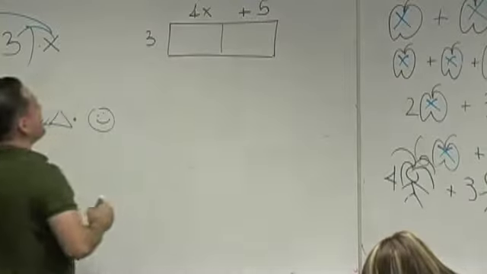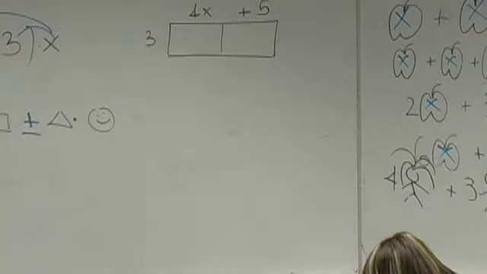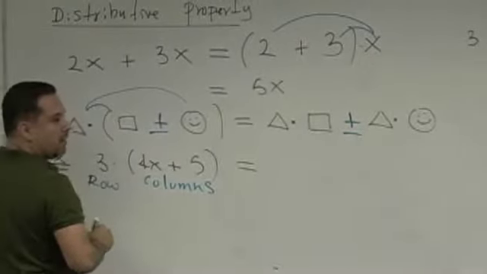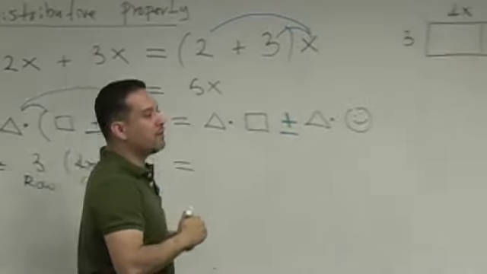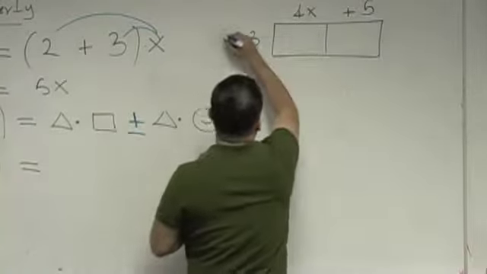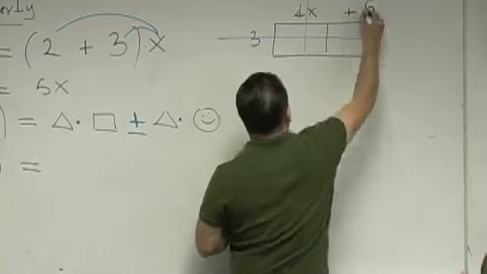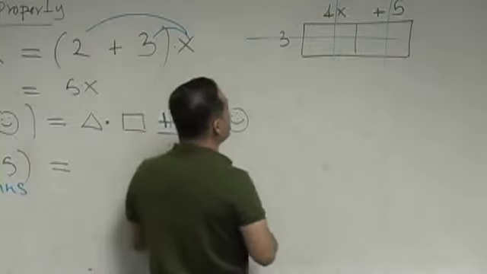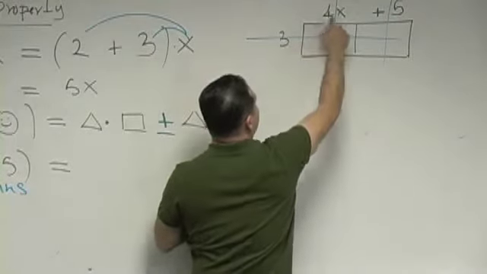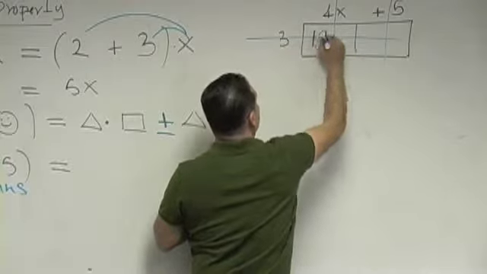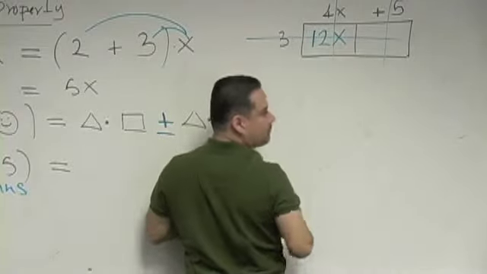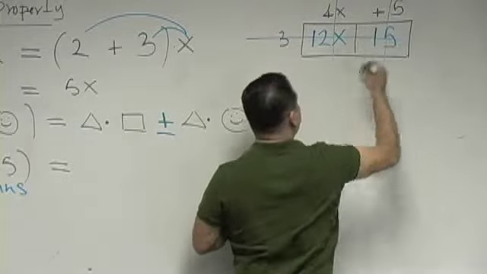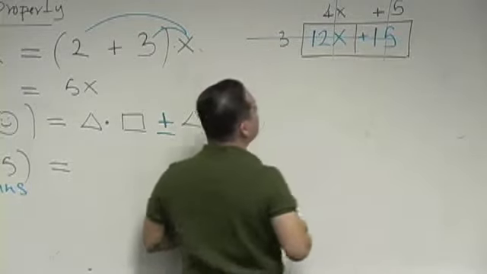You guys okay with this? So this is my 1 row and my 2 columns here. Now what you do with the distributive property is you take the row and multiply it with all of your columns. So that 3 times 4x is what? Isn't that 12x? And then 3 times 5, what's that? Isn't that 15? And the 15's positive?